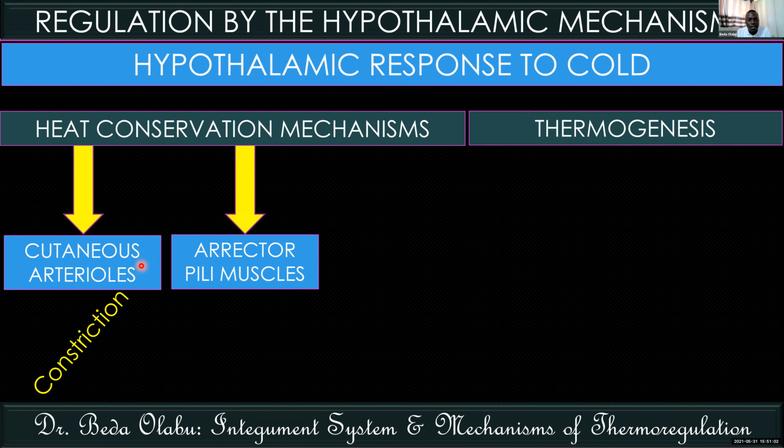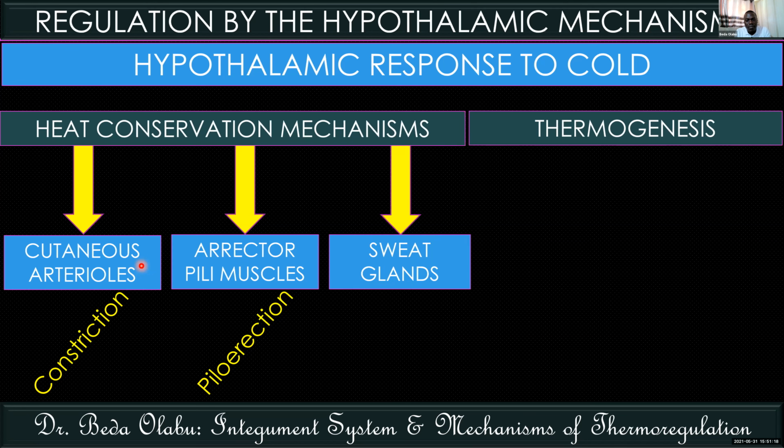In response to cold, the arrector pili muscles contract so that the hair on the skin stands. We call that piloerection. This one conserves heat. Lastly, the sweat glands are also a target, but in this case, there'll be no sweating. The sweating is reduced so that you don't lose the heat that you do have. These are mechanisms of heat conservation.